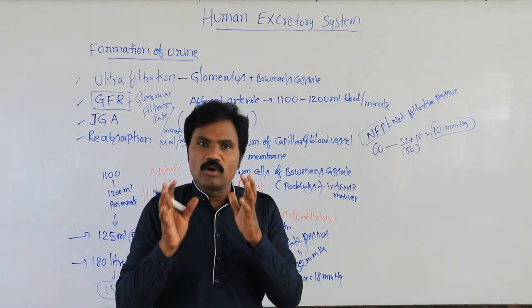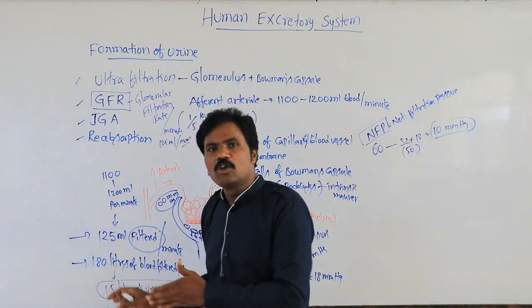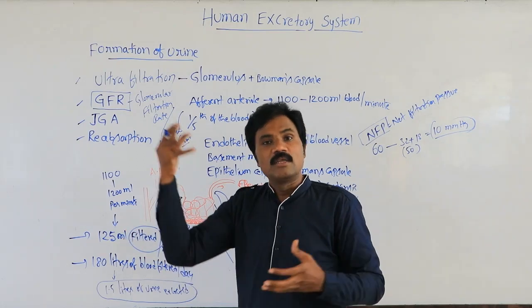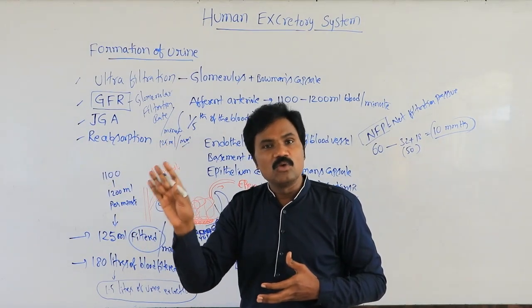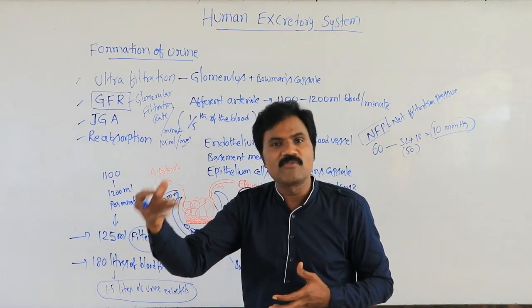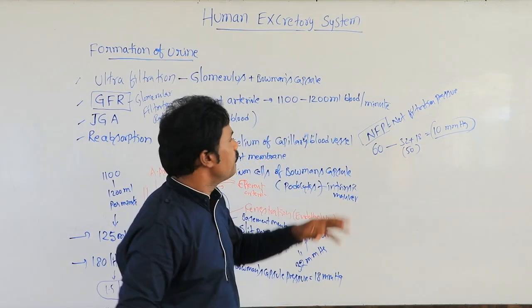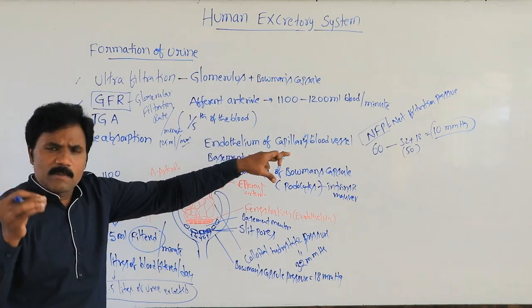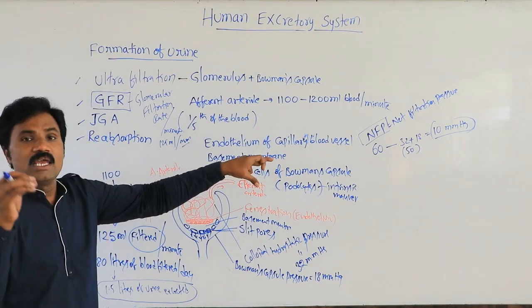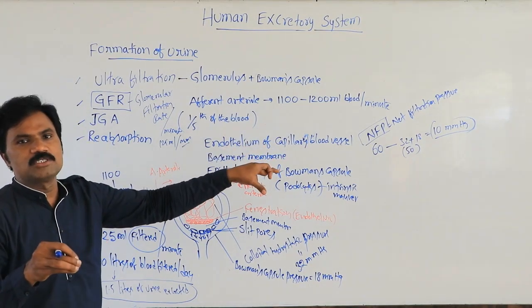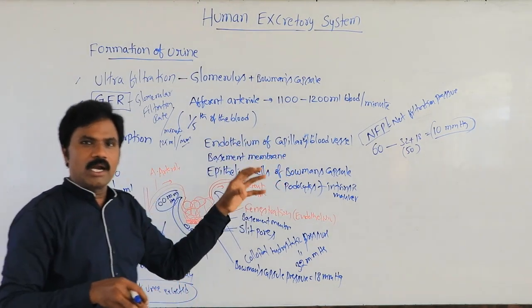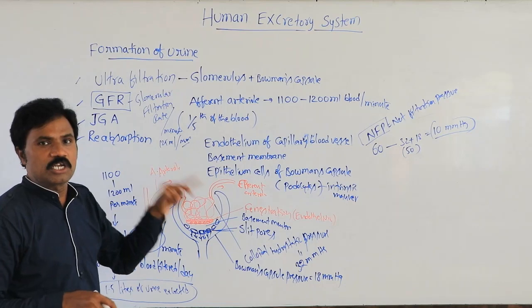Of that 180 liters, 99% is reabsorbed by the tubular structures of the nephron. Finally 1.5 liters of urine is ready to be eliminated from our body. While filtration occurs, the pressure in the afferent arteriole is 60 mmHg. Similarly, the opposing colloidal hydrostatic pressure is 32.